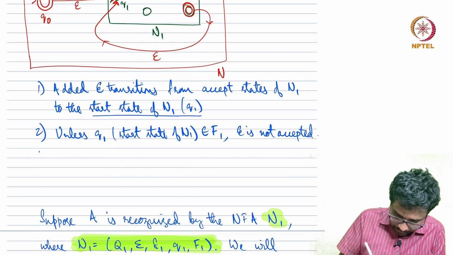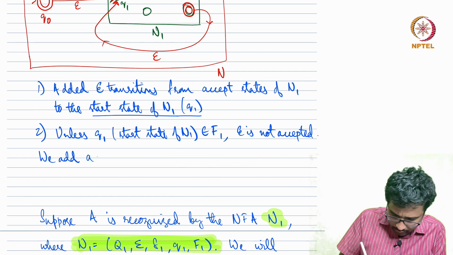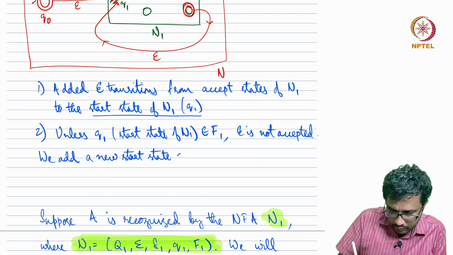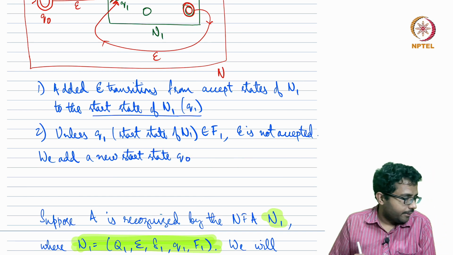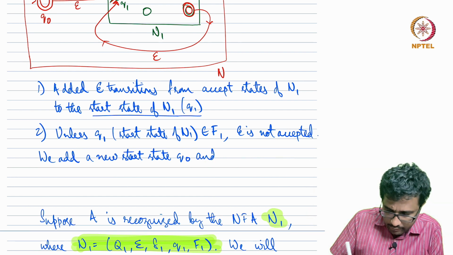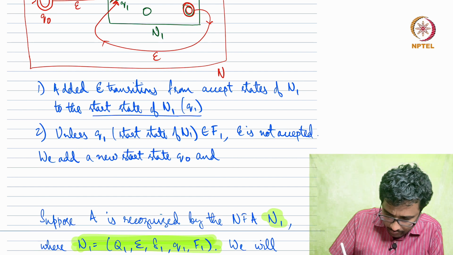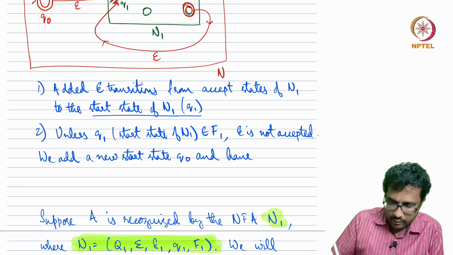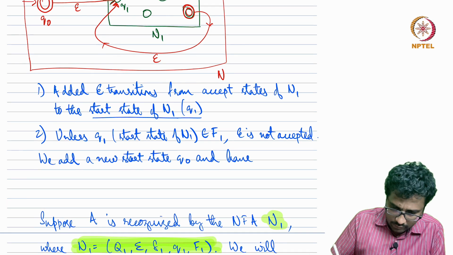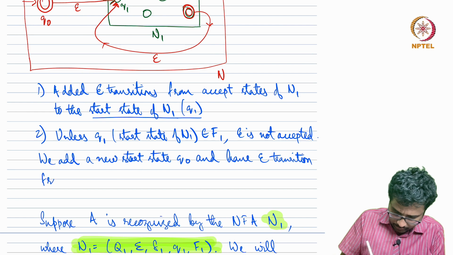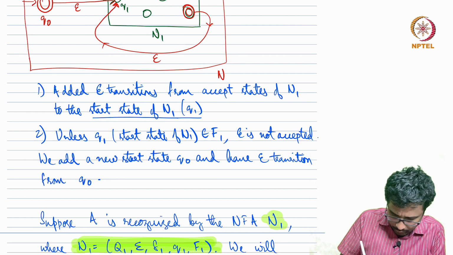So then we add a new start state q0 and have an epsilon transition from Q0 to Q1.